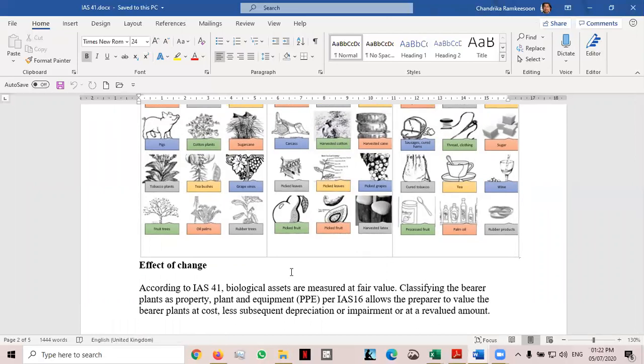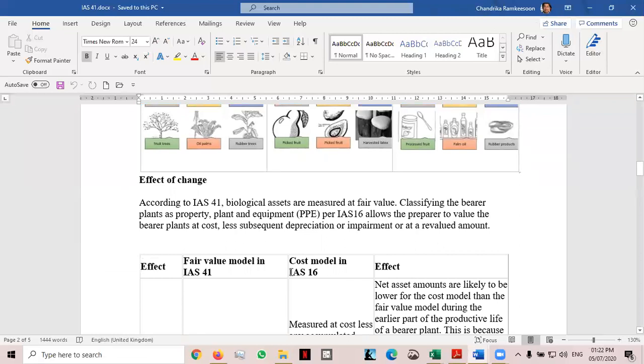Effect of change. According to IAS 41, biological assets are measured at fair value. Now, the definition of fair value here would follow the definition of fair value under IFRS 13, which we would have looked at the start of the course. Classifying the bearer plants as property, plant, and equipment per IAS 16 allows the preparer to value the bearer plants at cost less subsequent depreciation or impairment.